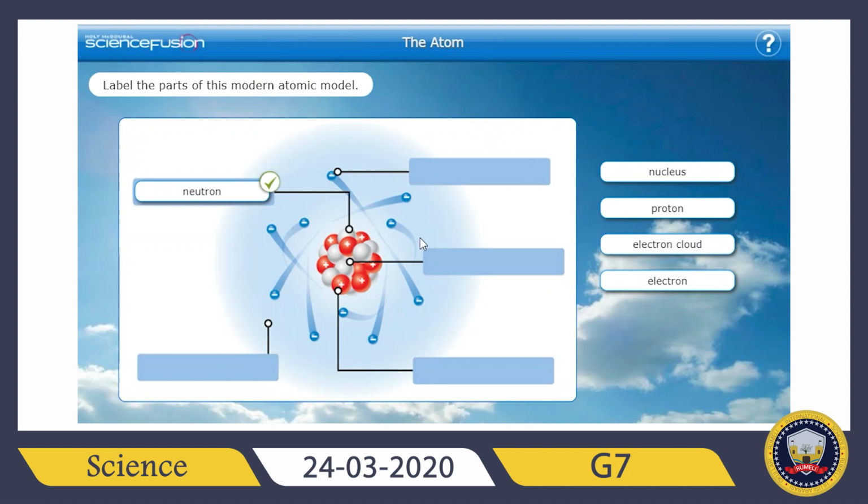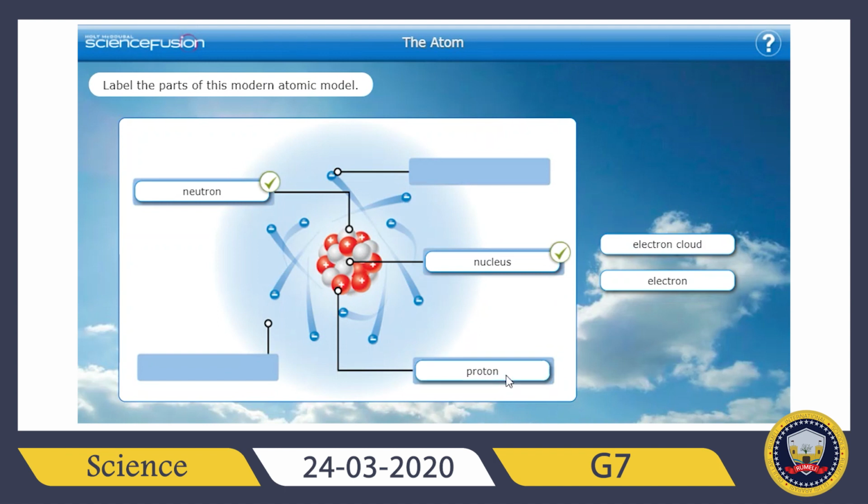On the other hand, when we are talking about the nucleus, we know that it is at the center and it contains the positively charged protons and neutrons. So protons, we said that they are positively charged, that's why we are placing protons here.